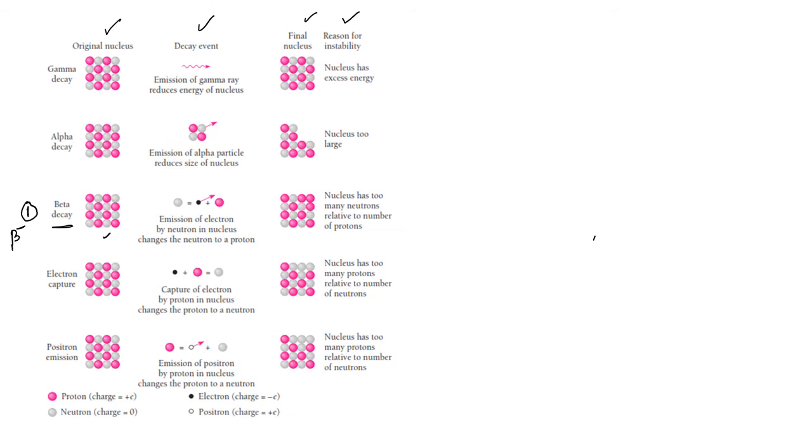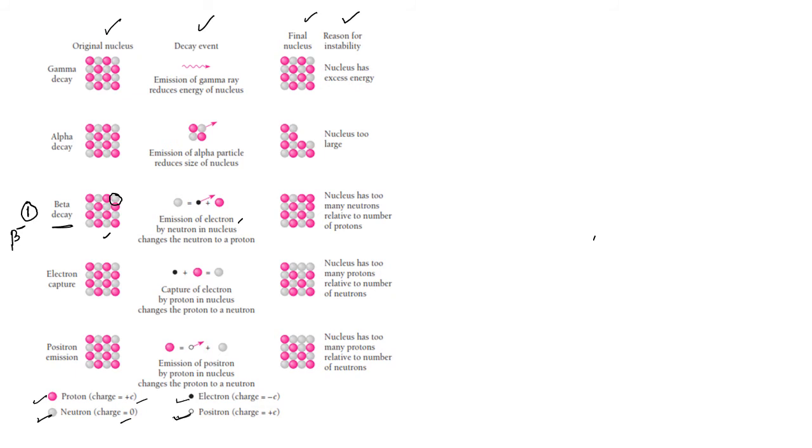The emission of an electron by a neutron in the nucleus changes the neutron to a proton. You can see the gray one is a neutron with charge 0, the red one is a proton with plus e charge, and this black dot is an electron.